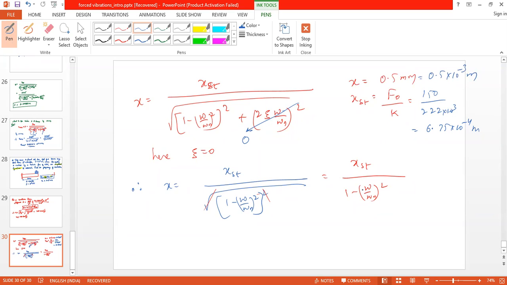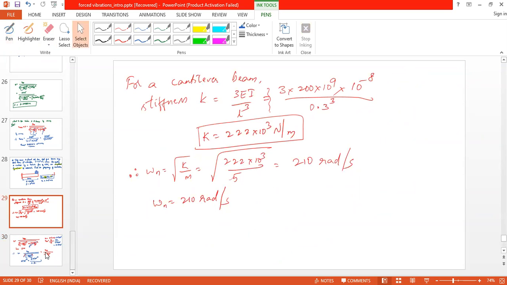Now, if I substitute all these values, I can get the value for omega. So x is 0.5 into 10 power minus 3, that is equal to 6.75 into 10 power minus 4 divided by 1 minus omega by, what is the value of omega n?